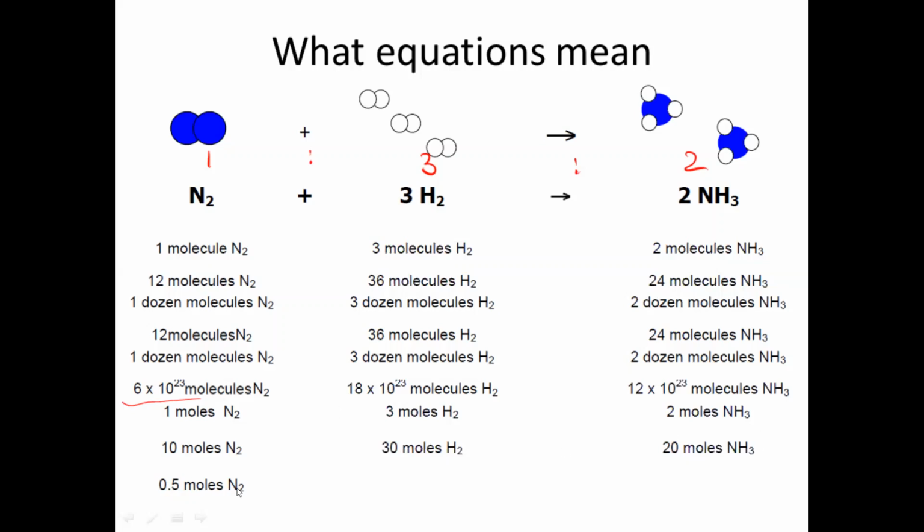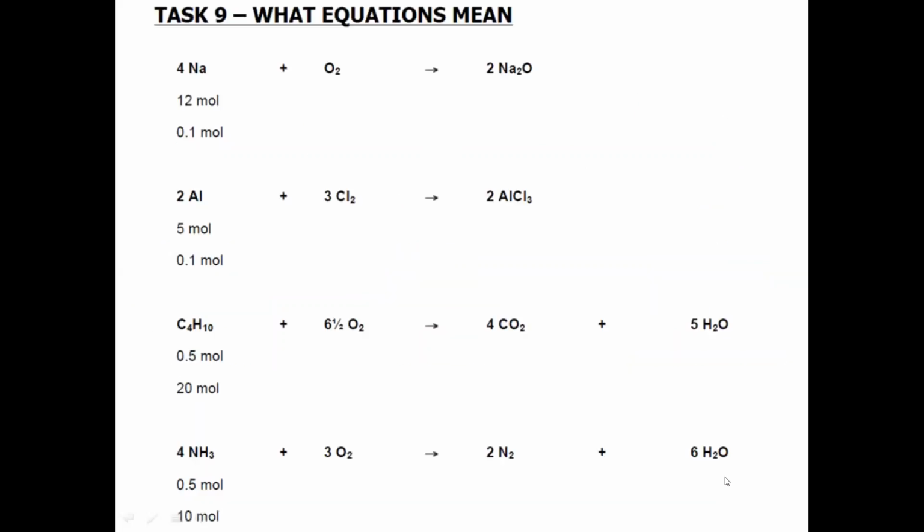If we have half a mole, then this needs to be times 3, and this needs to be times 2, right? Half times 3 is 1.5. So that ratio needs to be kept at all times. So what I want you to do is to now pause and have a go at those 4 questions.